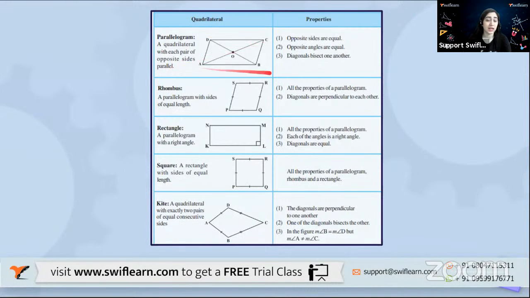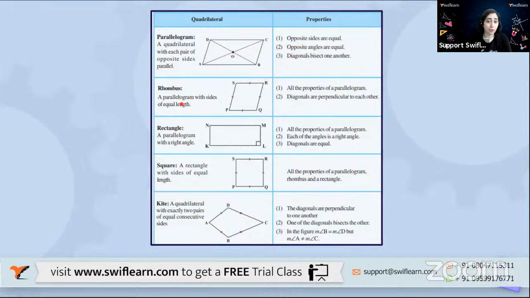So the opposite sides are parallel to each other, that means the lines will never meet. That is why we call it a parallelogram. Opposite sides are equal, opposite angles are equal, and the diagonals bisect each other. So they divide each other into equal parts, okay?